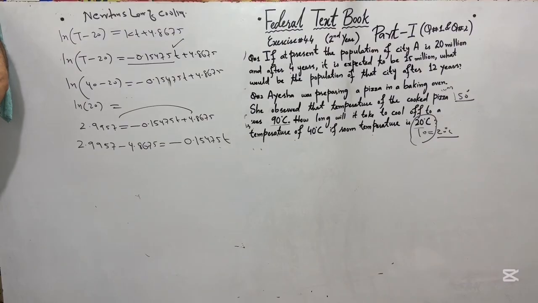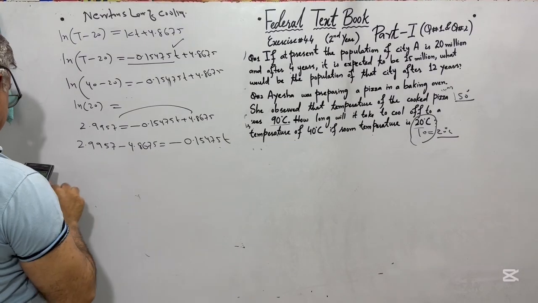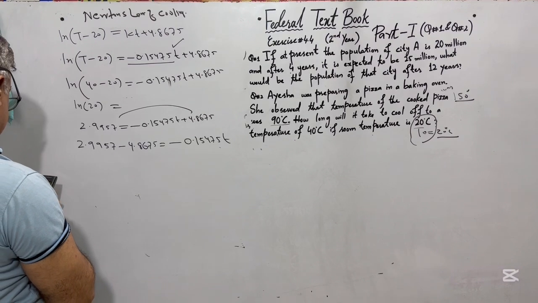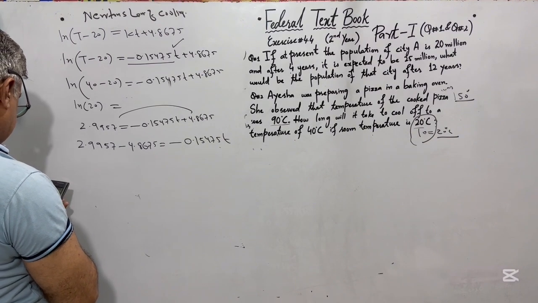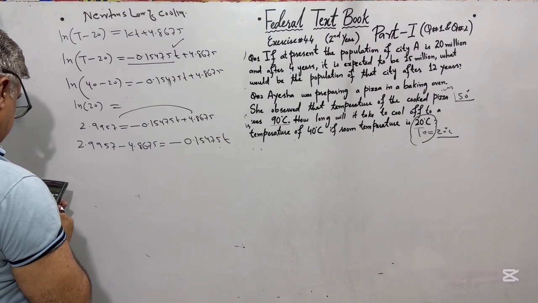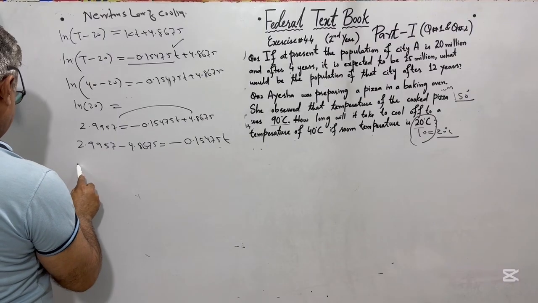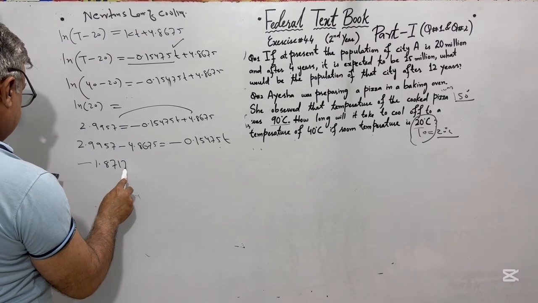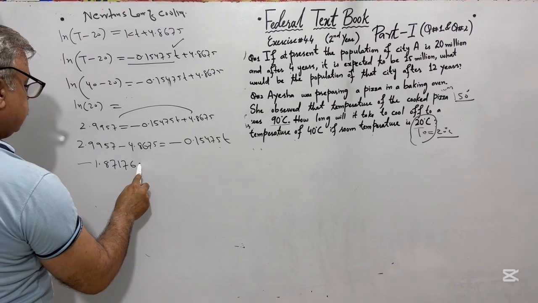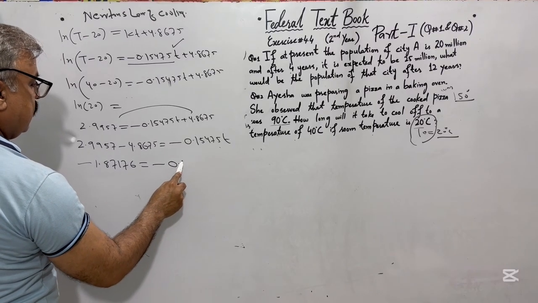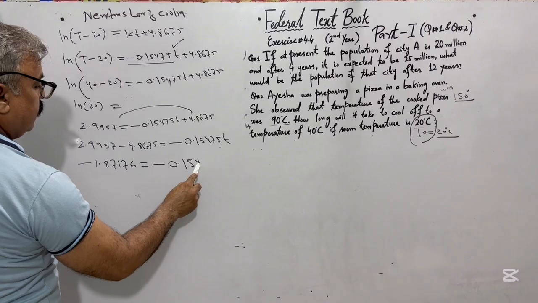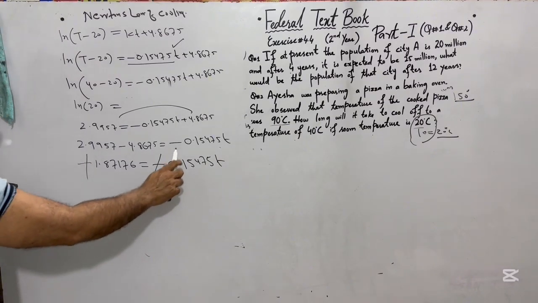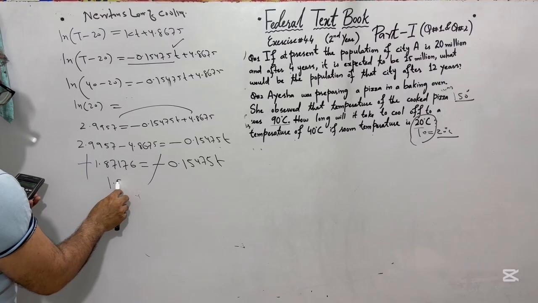We have done ln 20, 2.99, minus 4.8675. It's equal to negative 1.87176, whatever the case is, equals negative 0.15475 t. Minus cancelled.